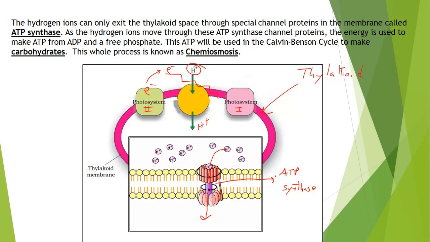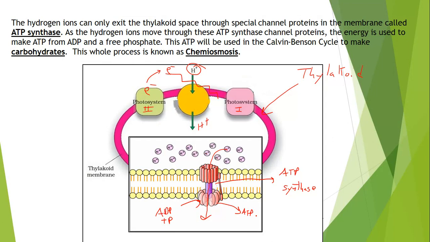Do you guys remember what we called the molecule that didn't have any energy, the battery that was not charged up? ADP, good. So ADP plus a P goes in, and ATP comes out.